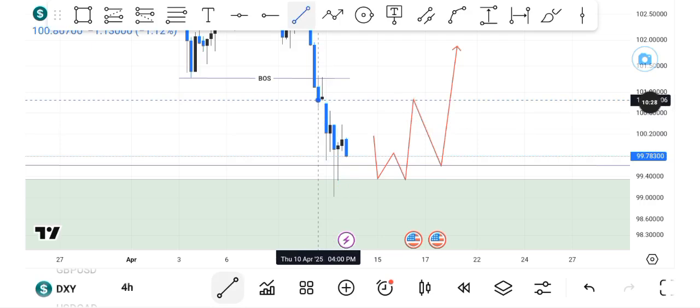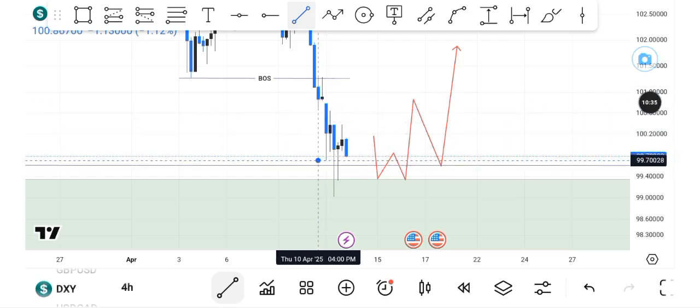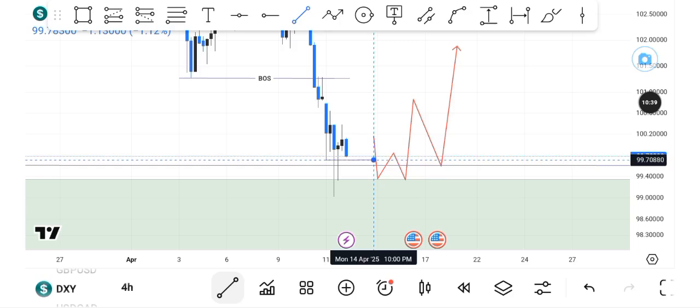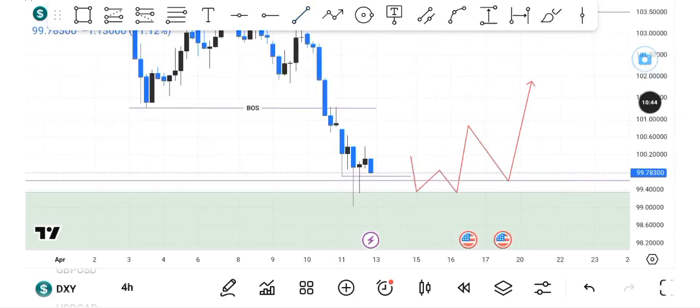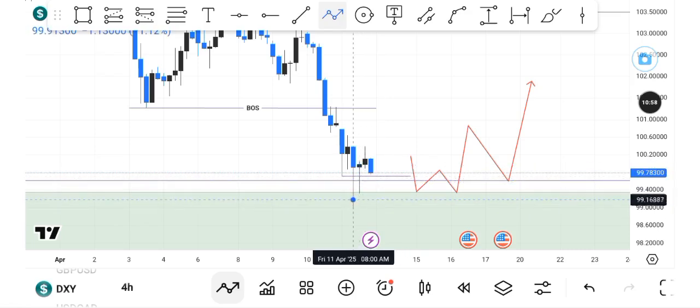So when you look at the formation there, I'm seeing a gap, and is there anyone who knows how we call that gap in the ICT concept? Yes, but as you're looking at it, type it in the comment. As we see the formation of the candle, it shows the sellers and buyers are still in control.